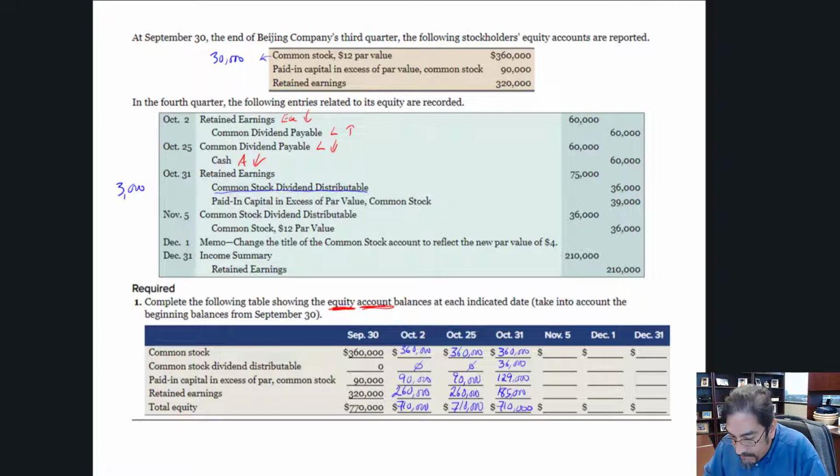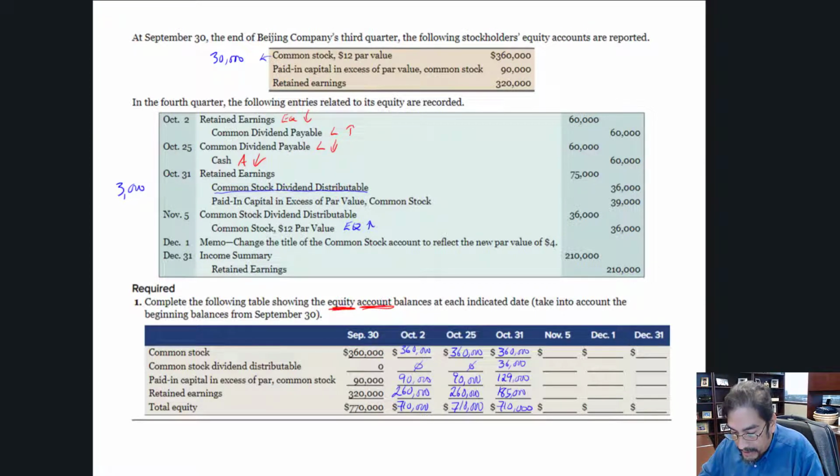On November 5th, we pay the dividend. Here, this is a stock dividend. So instead of crediting cash, because we're not sending cash out, we credit common stock. We're sending more shares of common stock out. This is an equity account that we're increasing, for that $36,000, the 3,000 shares at $12 a share.